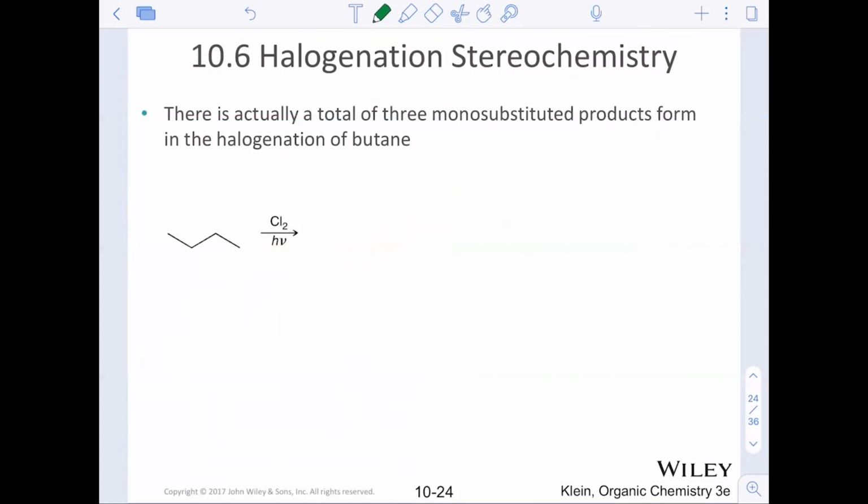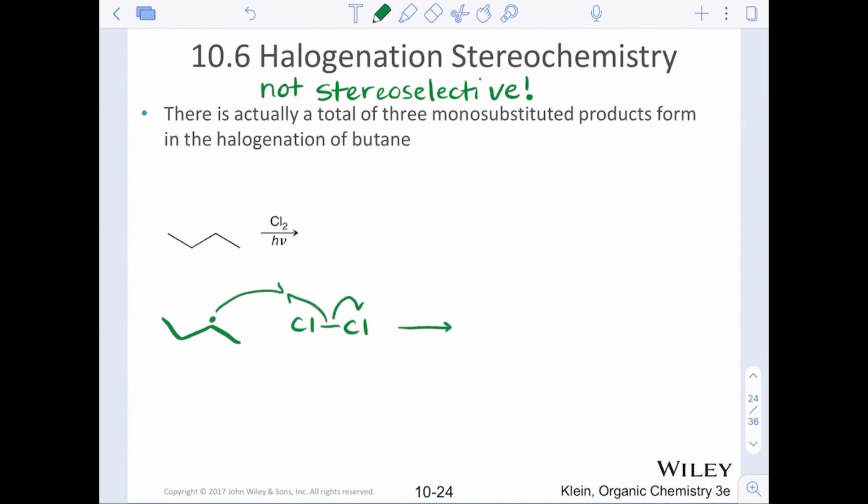All right, just a slight nod to stereochemistry. These reactions, whether it is halogenation with a chlorine or with a bromine, are not stereoselective, which means that when we have that carbon radical, let's just draw that step. If we want to think about how that chlorine is being attached, I just chose the most substituted to start off.